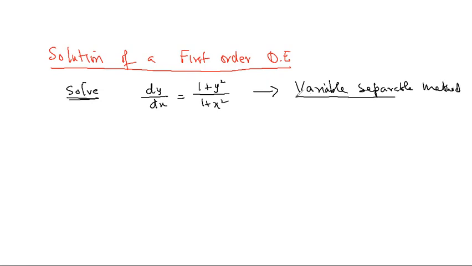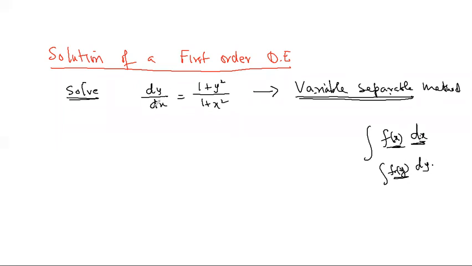Can you say something about this sentence, variable separable method? What does that mean? When I want to solve the differential equation, I got to integrate. But whenever I'm integrating, if I have dx here, the function got to be in x. If I have dy here, the function got to be in y. So what does the variable separable method say? Bring all x terms with a dx, all y terms with a dy and integrate.